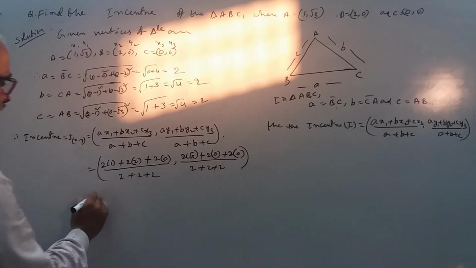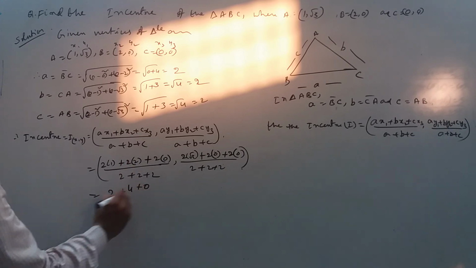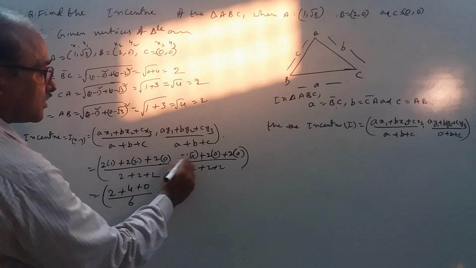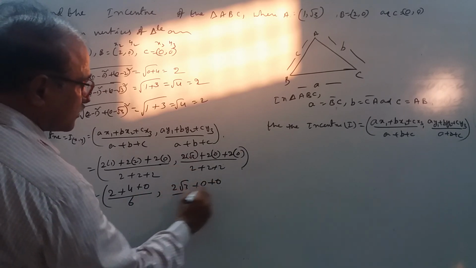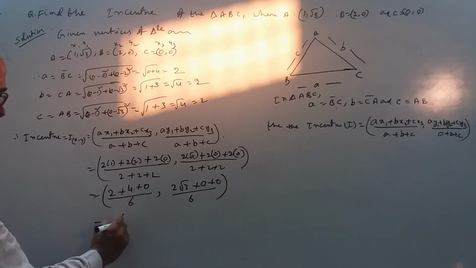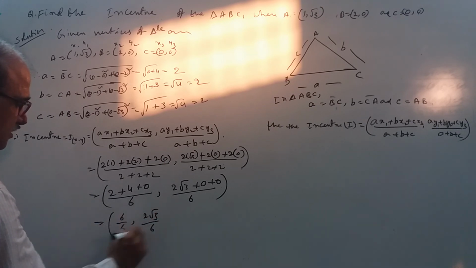By simplification, 2 ones are 2 plus 2 is 4 plus 0 by 2 plus 2 plus 2 is 6, comma, 2 root 3 plus 0 plus 0 by 6, 2 plus 4 is 6, 6 by 6, comma, 2 root 3 by 6.